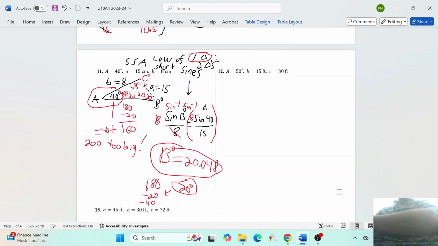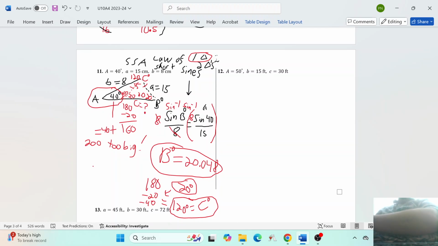So that's 180 minus 60, which equals 120 degrees. So that's going to be what angle C is. So angle C is 120 degrees. Okay, last but not least is little c equals question mark.